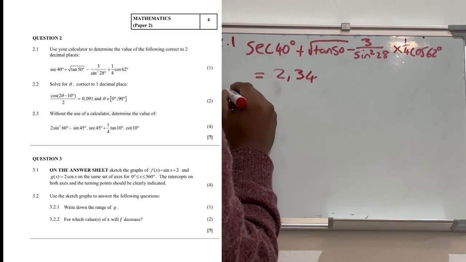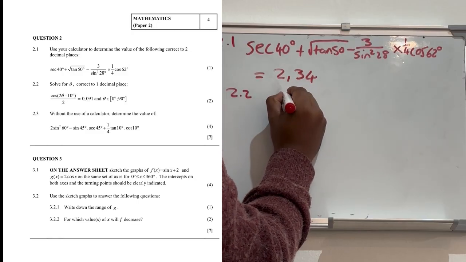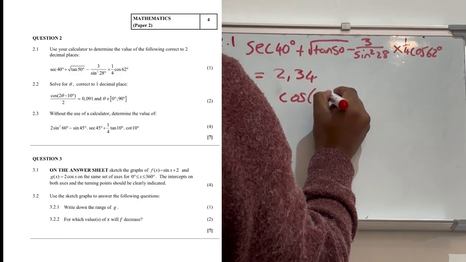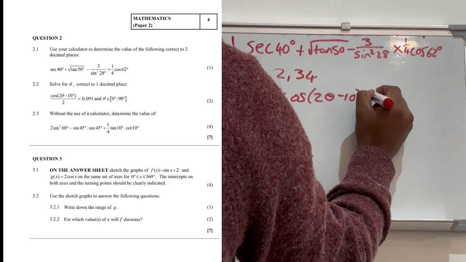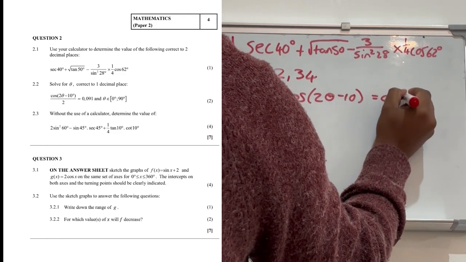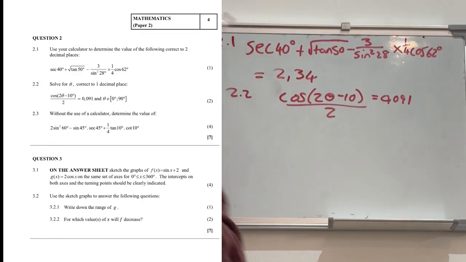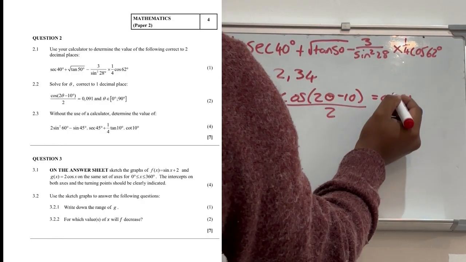So for the next question, we get 2.2. We get cos 2 theta minus 10 equal to 0,091. This is over 2. First thing we're going to do, we're going to multiply the 2 over.